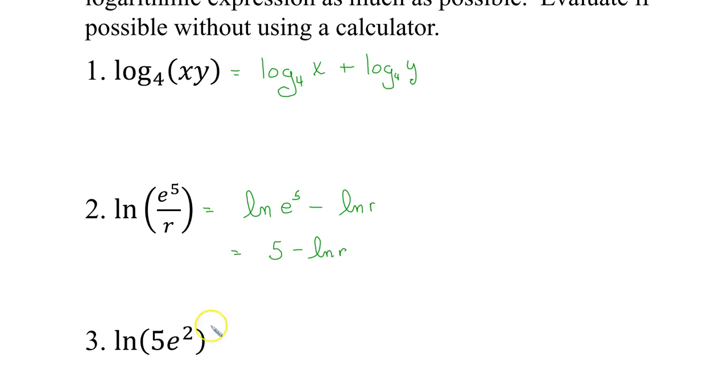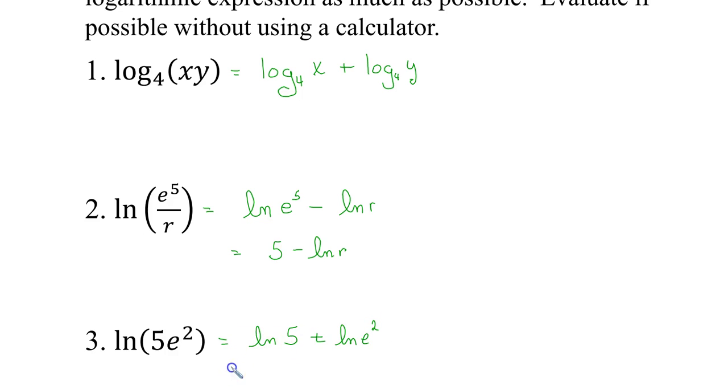Number 3, again, we have the natural logarithm. This time we have the natural logarithm of a product, so we're going to separate that into 2 natural logarithms, the natural log of 5 plus the natural log of e to the 2nd power.